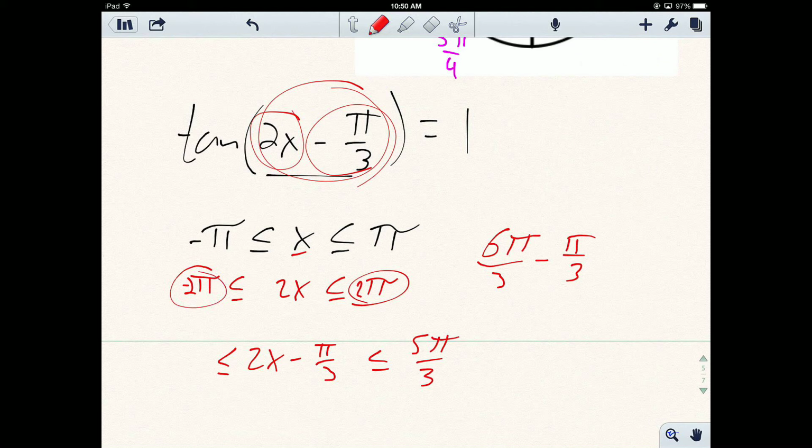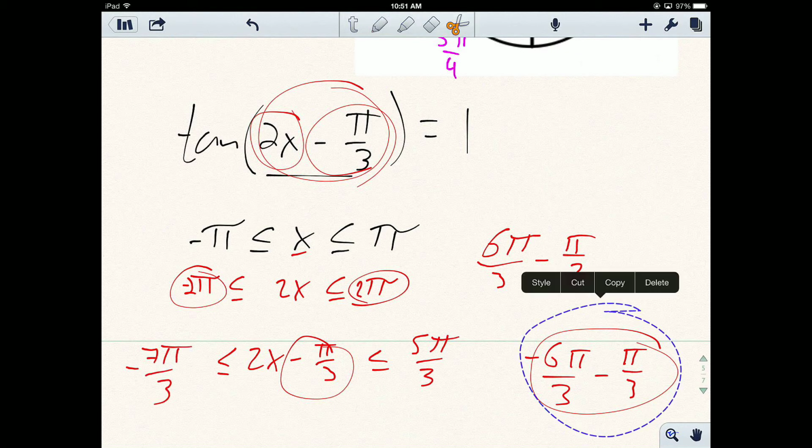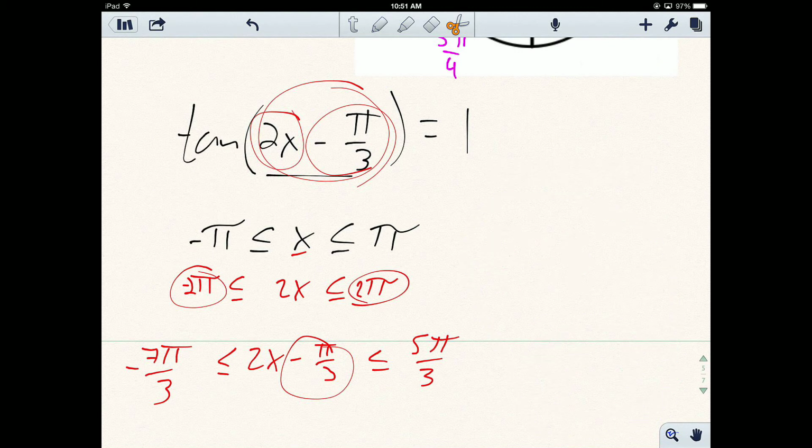We're going to do the same with this. And so this is negative 6 pi thirds. And because of this, we're going to subtract another pi thirds from it. So you end up with negative 7 pi thirds. All right. Let's get rid of those.